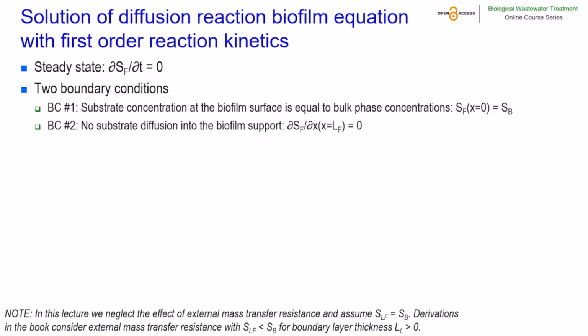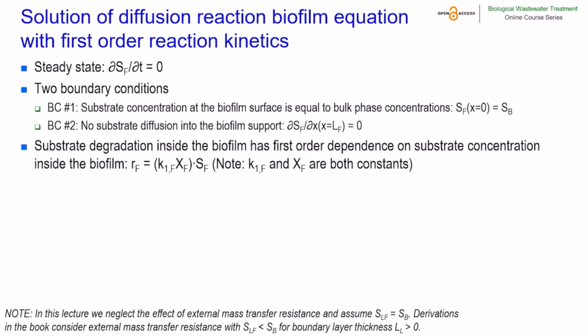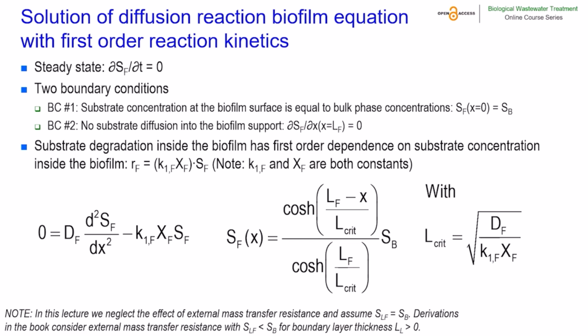We had discussed this boundary condition earlier in this module when we discussed that the biofilm carrier is not permeable for substrate. And then we consider our first order kinetics, where substrate degradation rates are linearly dependent on substrate concentrations at that location. Here's the mass balance equation, and here's the solution.